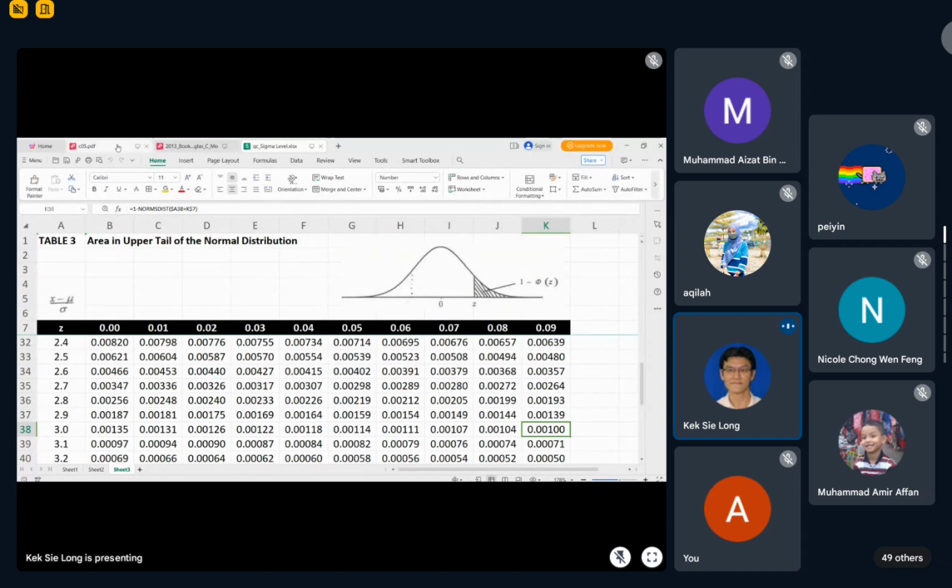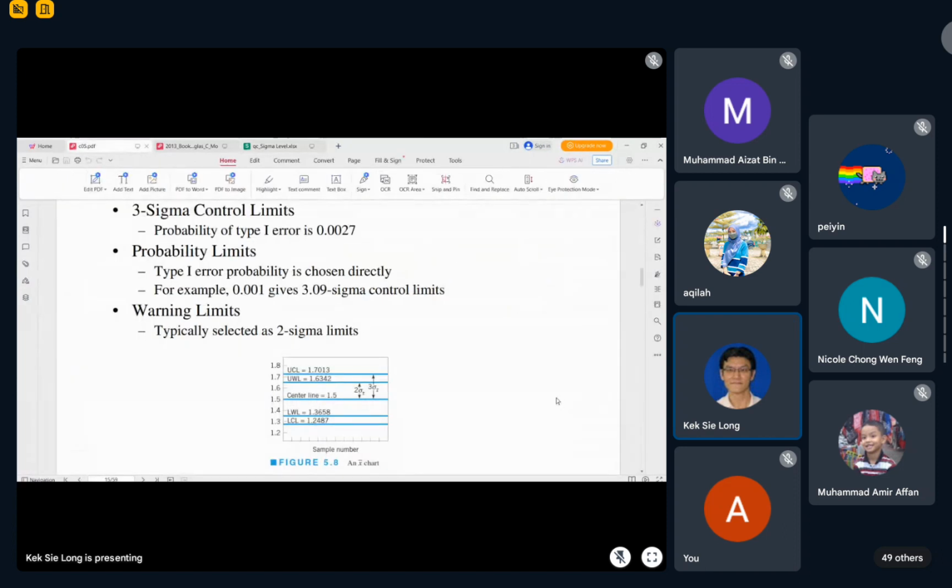Okay, now I'm back to the warning limit. So this warning limit is typically selected as the 2 sigma limit. Okay, this is for the typical case. If the control limit is 3 sigma, then what is the 2 sigma limit?